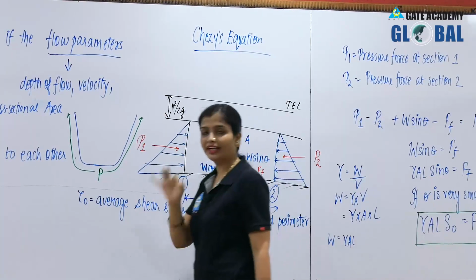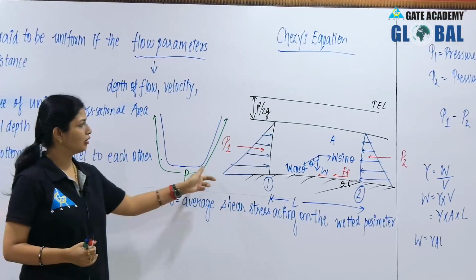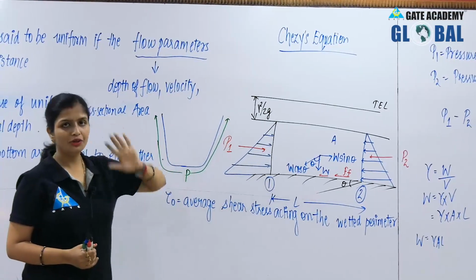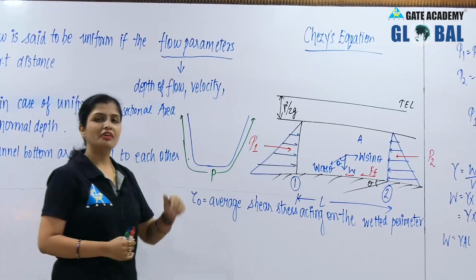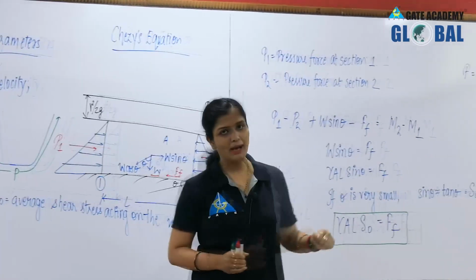And what is your wetted perimeter? Length of the boundary of the channel section in contact with water. I already told you the definition when we dealt in introduction to open channel flow, your geometric parameters.